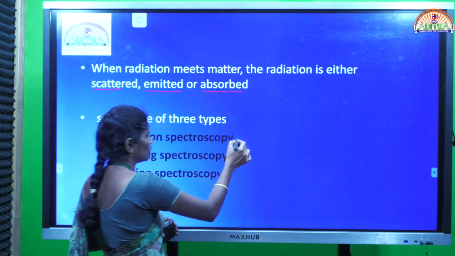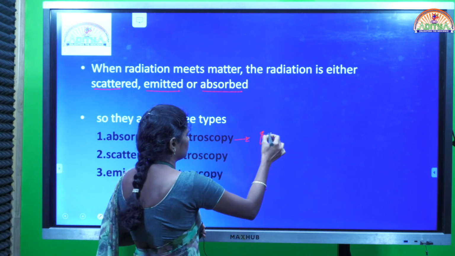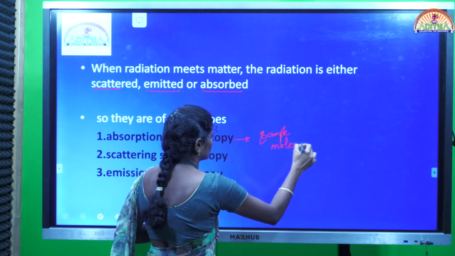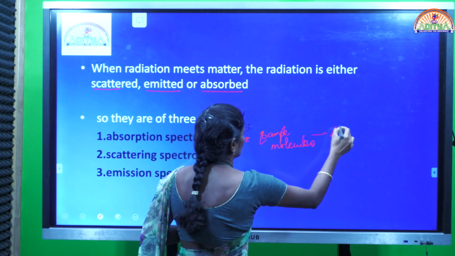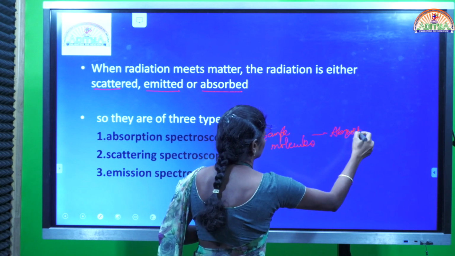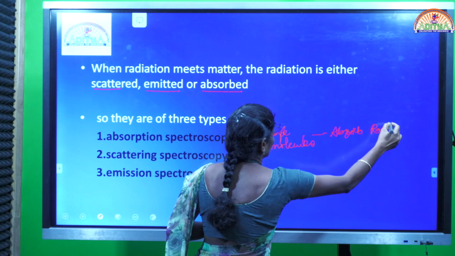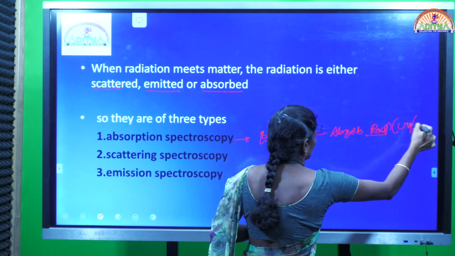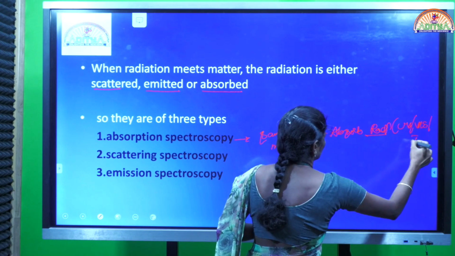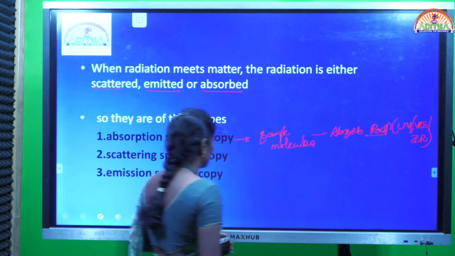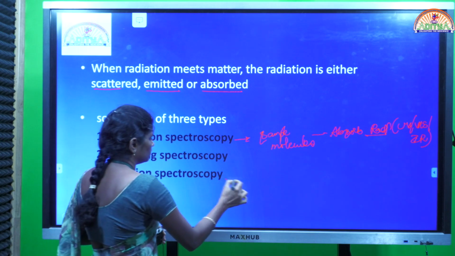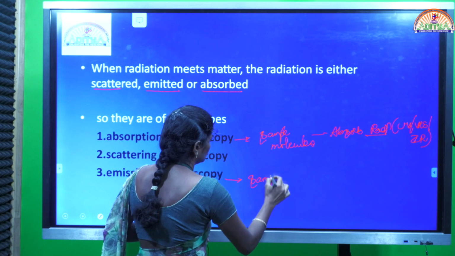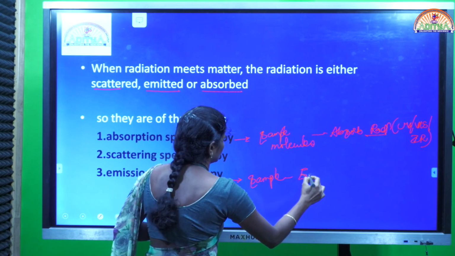In absorption spectroscopy, the sample molecules are known to absorb radiation. Here the radiation will be either UV radiation or visible radiation, or an IR radiation. And in emission spectroscopy, again the sample molecules are known to emit the radiation.